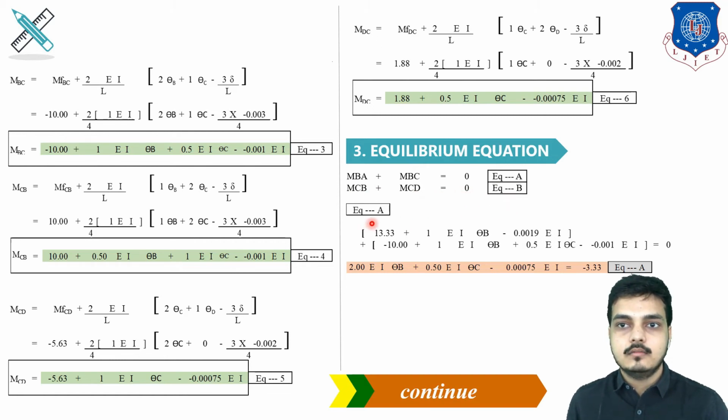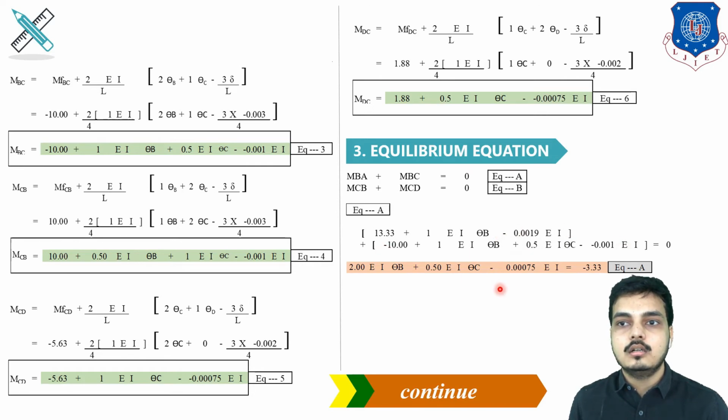Now let's see what equation A is. In equation A, we have to combine MBA, which is my equation number 2, plus MBC, which is my equation number 3. So I've just placed equation number 2 and equation number 3. Now, this is theta B, 1 plus 1, 2EI theta B. There is only a single theta C, so I have kept it as it is.